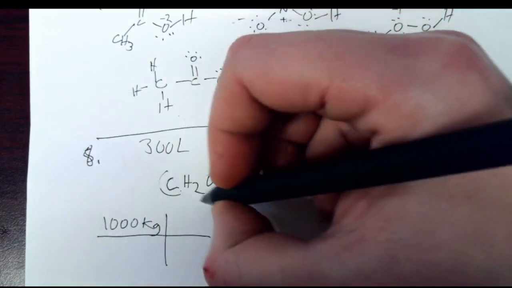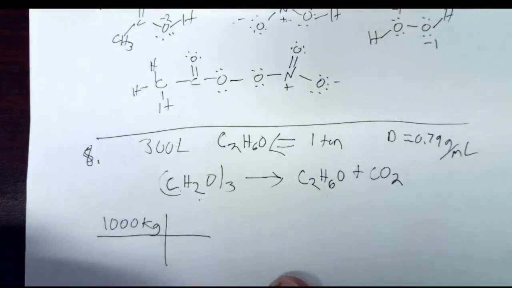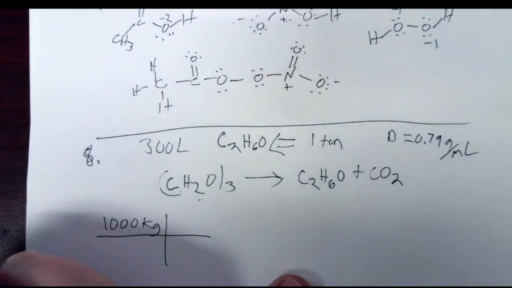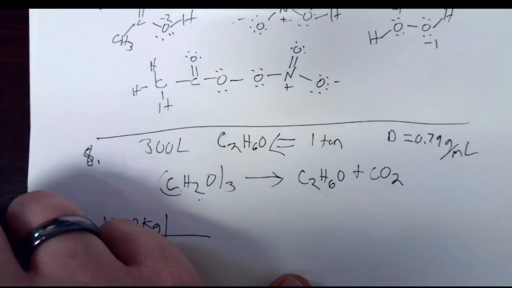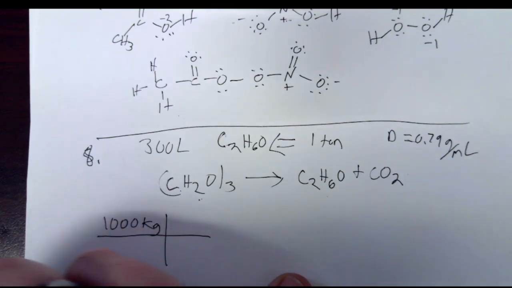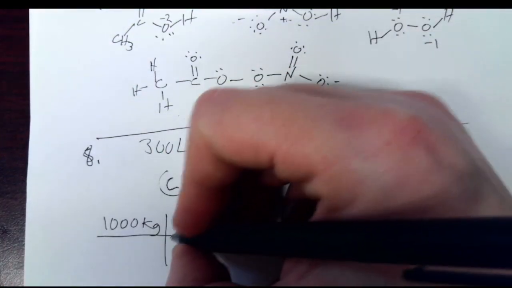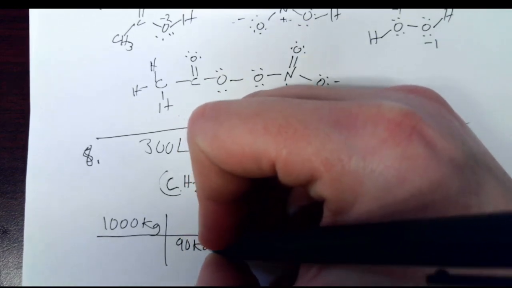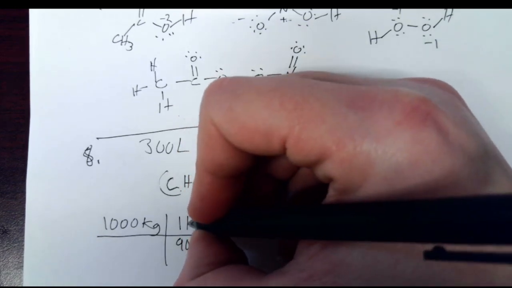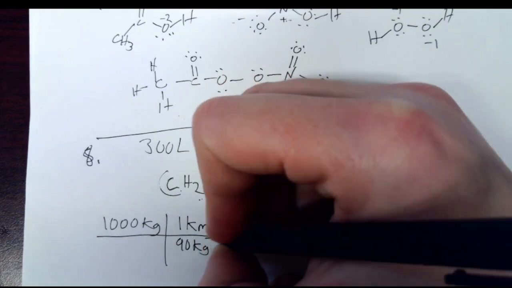The molar mass of each of those biomass units is 12 plus 2 plus 16, so 30, and then we triple it, so it's going to be 90 kilograms per 1 kilomole.